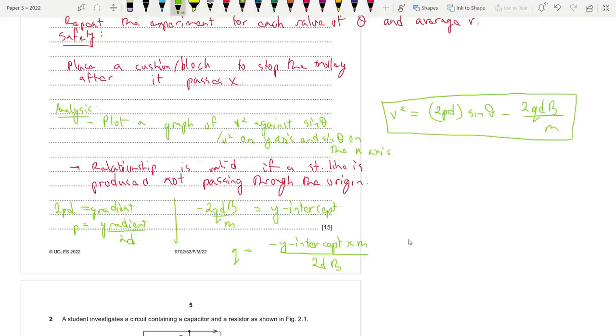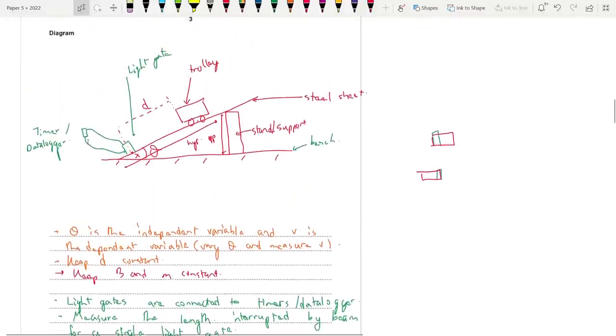So q is equal to minus m into y-intercept divided by twice bd. So that's it. We get full marks for this.